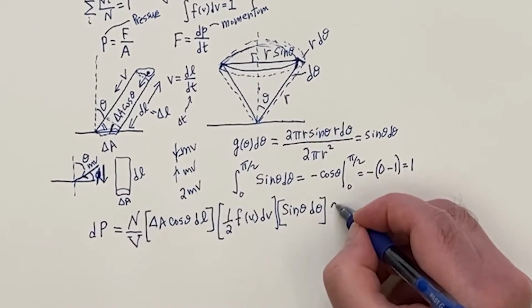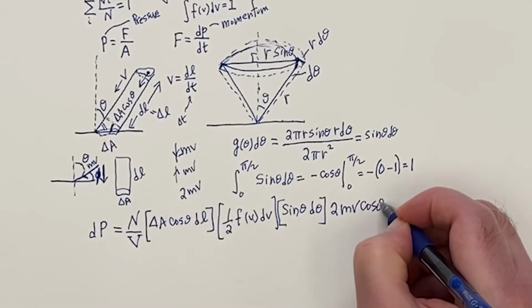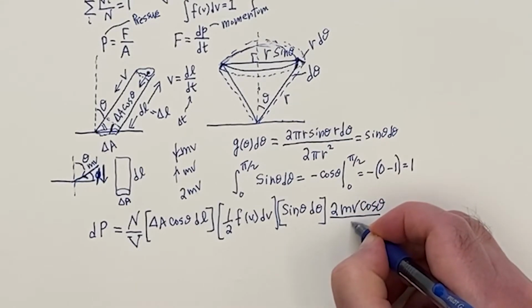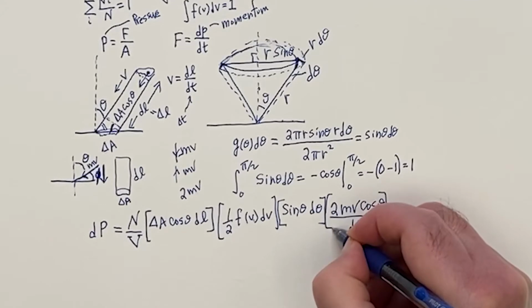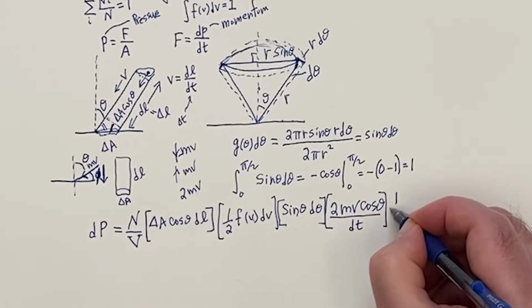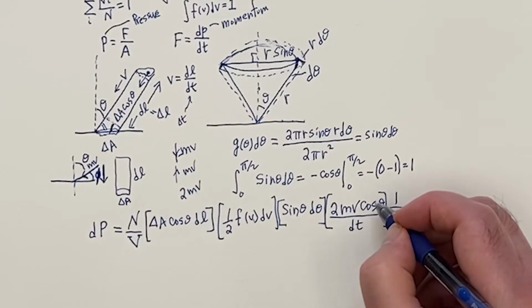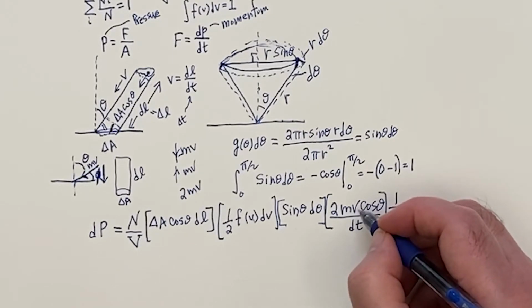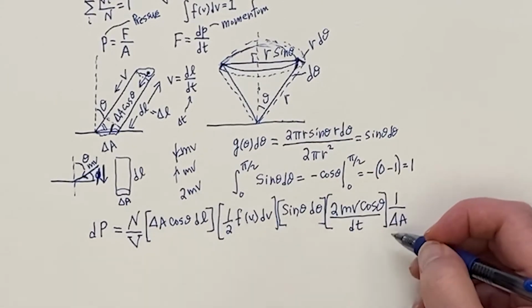So really you want 2 mv cosine of theta, and then there's going to be the dt, the time frame for that to occur in. And then, since that's the force, a change of momentum, you want the force per area, so you want to divide by the area.